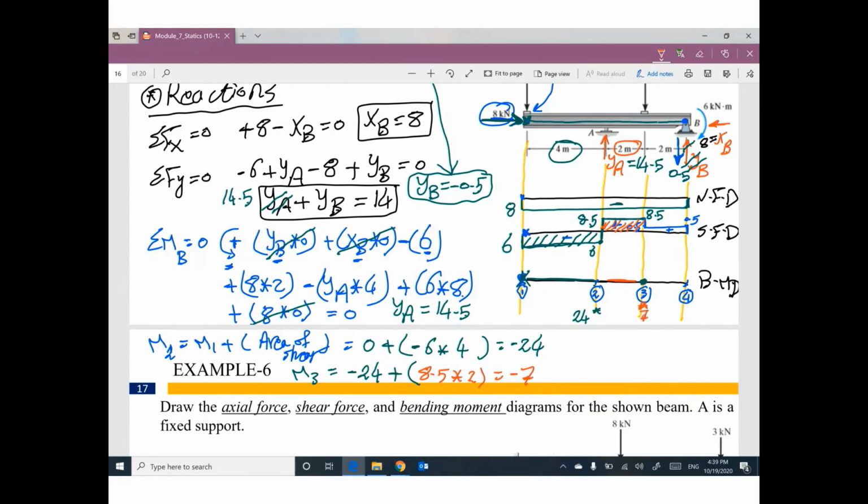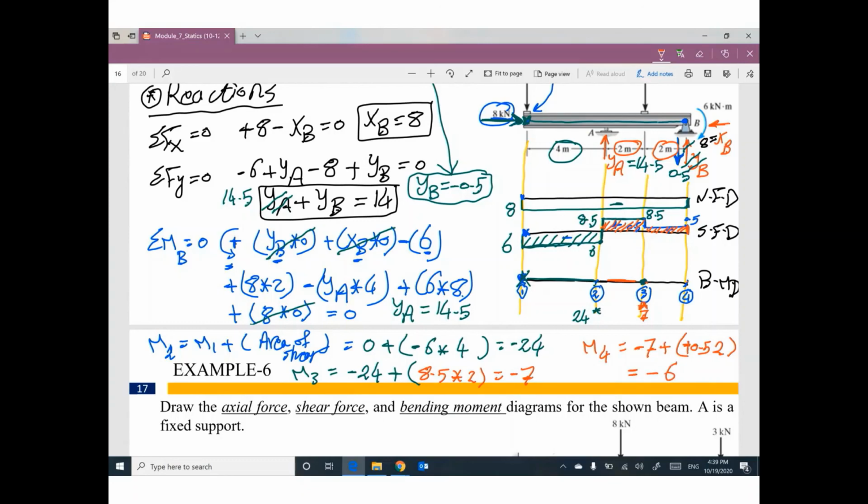The last moment, M4, equal previous value, which is M3, negative 7, plus area of shear between the 2 points. We have a little area here, positive. 0.5. This height is 0.5 times 2. This value will be negative 6.